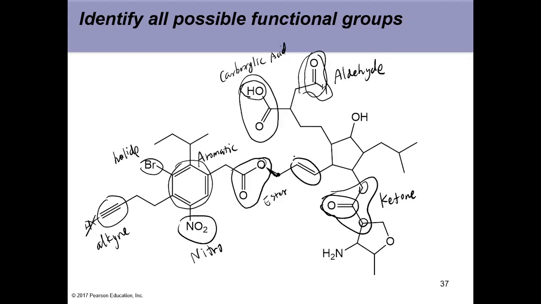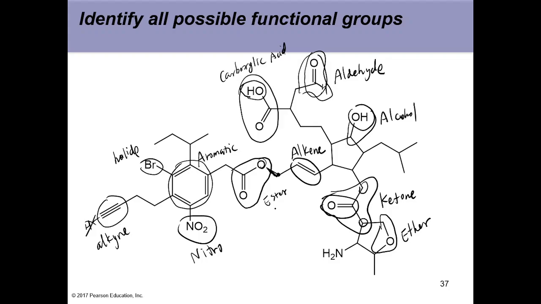The double bond here is called alkene. This is a hydroxy group attached to a simple carbon. It's called alcohol. This is an oxygen again, attached to no hydrogen but two other carbons. It's called ether, E-T-H-E-R.